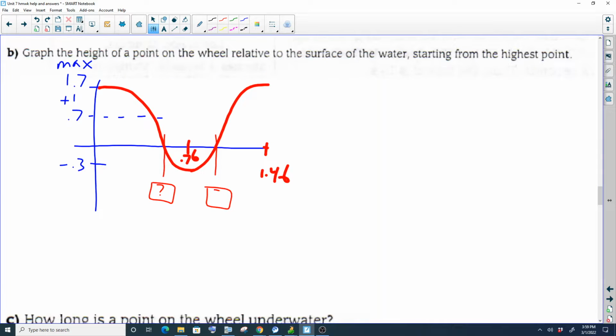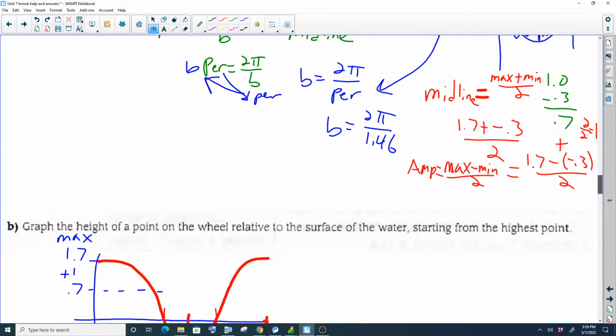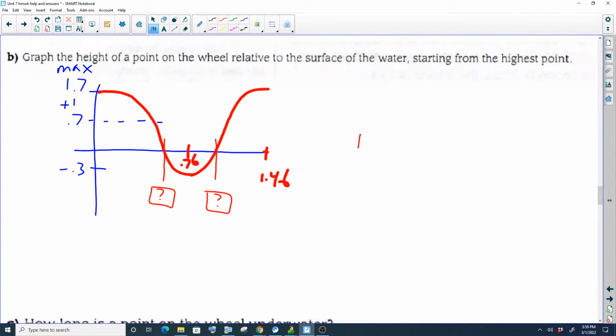If you're in AP Calc or 1050, 1060, you would actually have to take the equation and set it equal to 0, and you should come up with two numbers where it crosses the x-axis at 0. That's going to be 1 cosine of 2 pi over 1.46, the period, times x, plus 0.7.